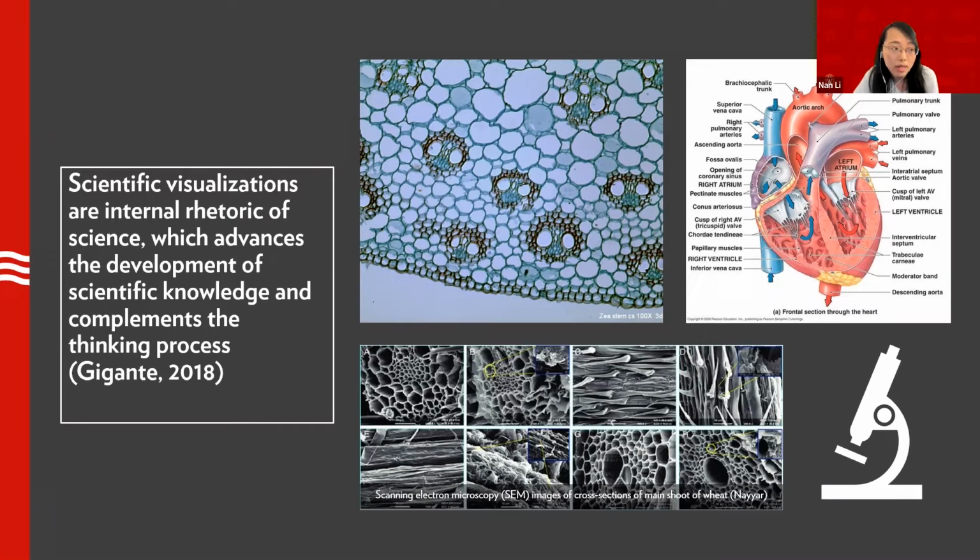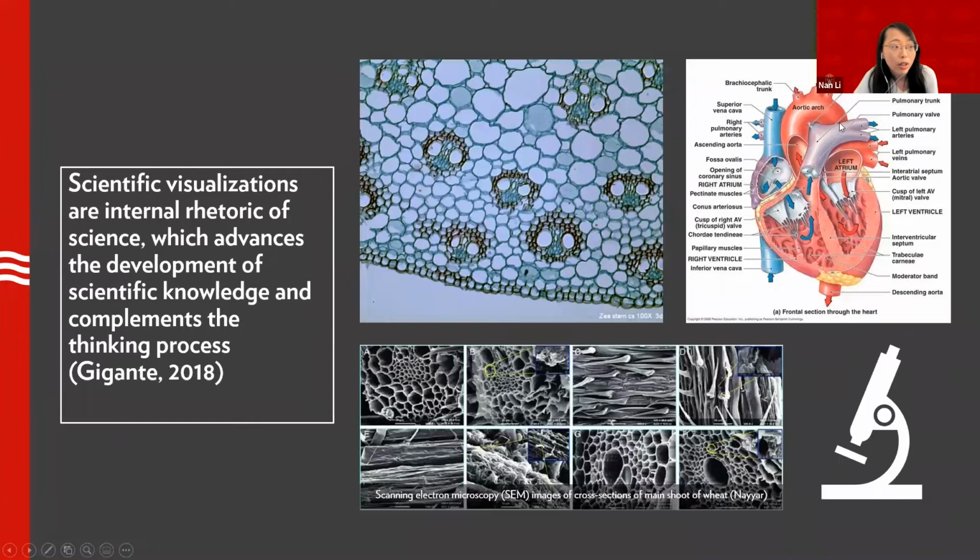However, for a lot of disciplines, biology would be one example, but also material science, engineering, you name it, a lot of times the visuals are a very essential part of the scientific rhetoric. Without visuals, I don't think science in that particular field would exist or even be complete.